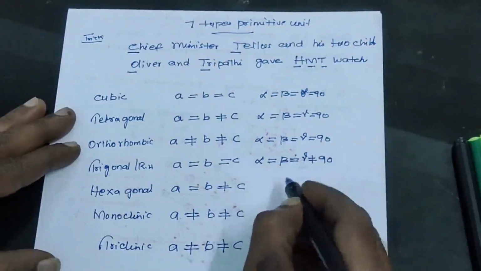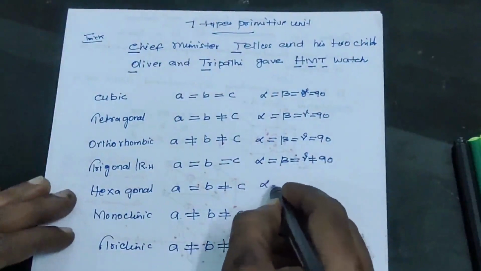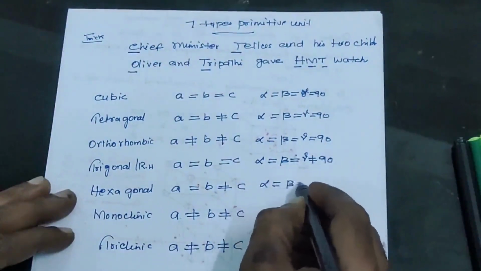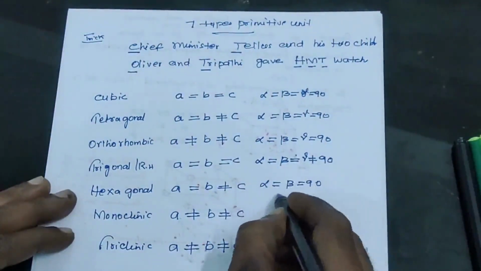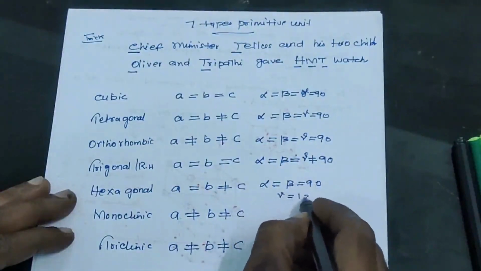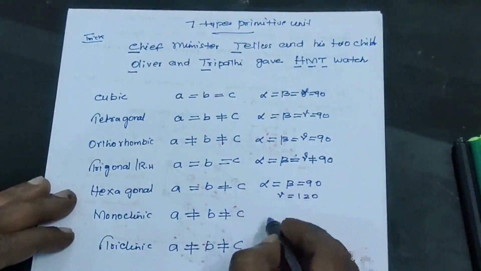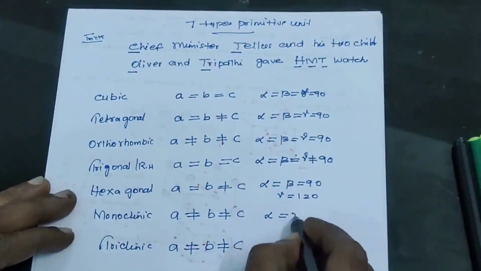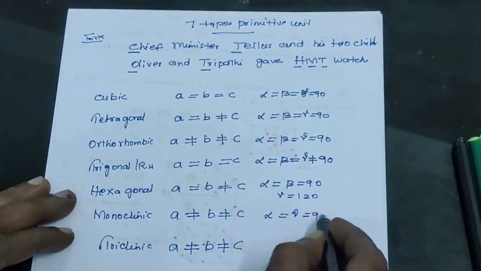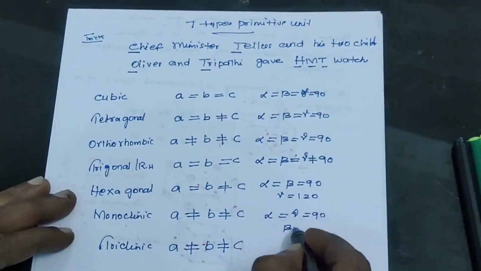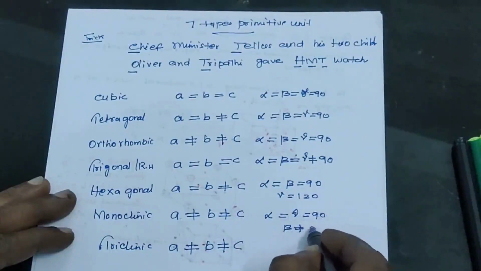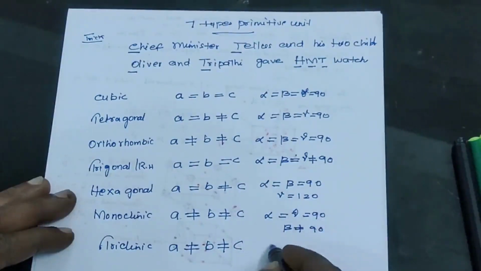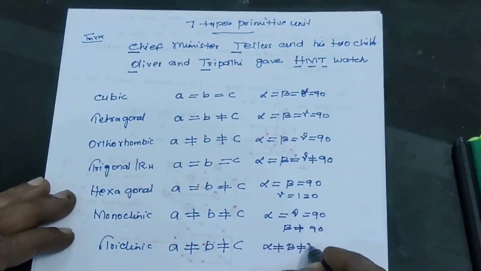Then alpha = beta = 90, gamma = 120. Then alpha = gamma = 90, beta not equal to 90. Then the last one, alpha not equal to beta not equal to gamma not equal to 90.